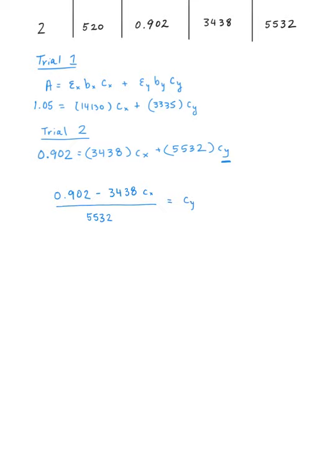Now, wherever we see CY up in trial 1, we can plug this whole mess of stuff in. So let's do that. We'll take this equation from trial 1, move it down here, and plug in our new expression for CY, where we saw it in the equation down below.